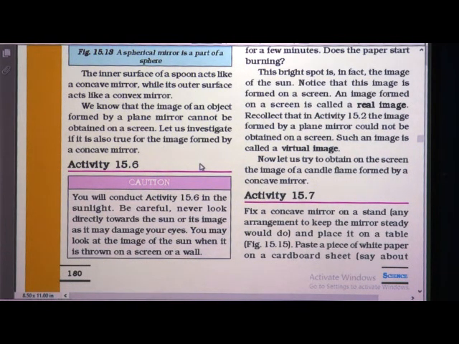After this activity we came to know that we can get a real image, a virtual image, an enlarged image, a diminished image, and a same-size image, erect or inverted. Real is always inverted, and virtual is always erect. So these types of images we can get by the concave mirror.